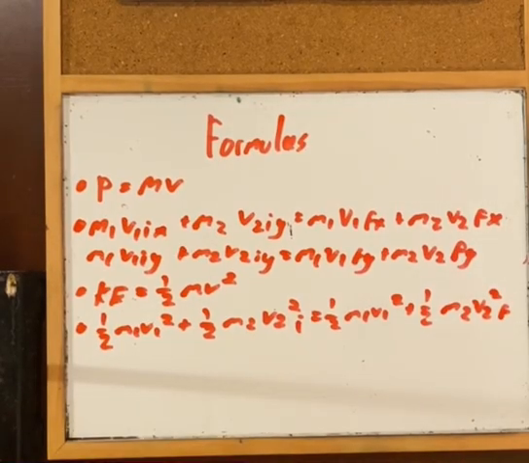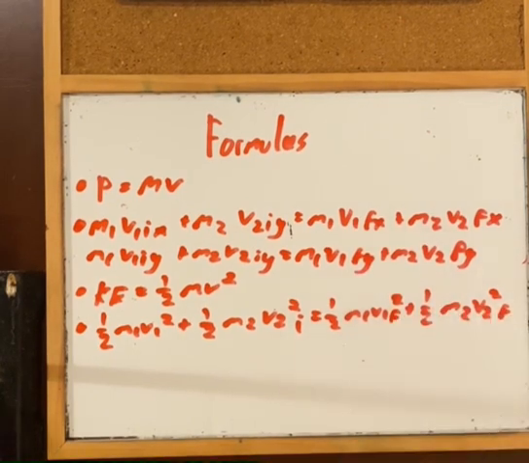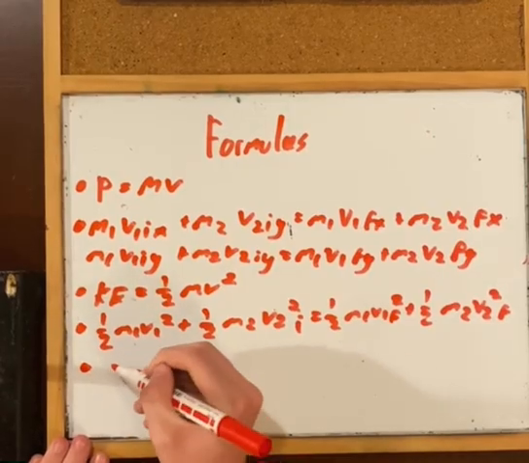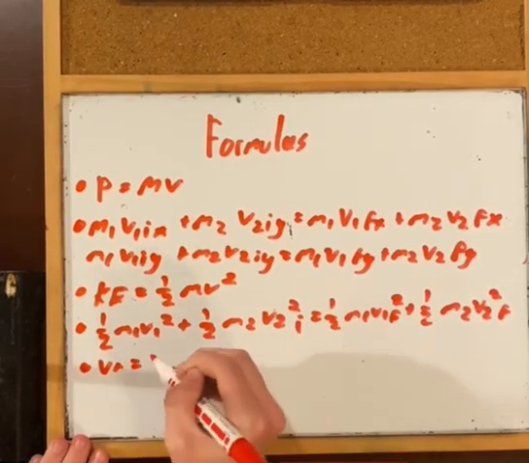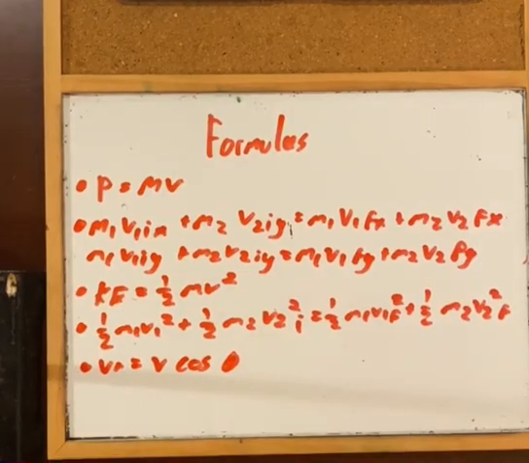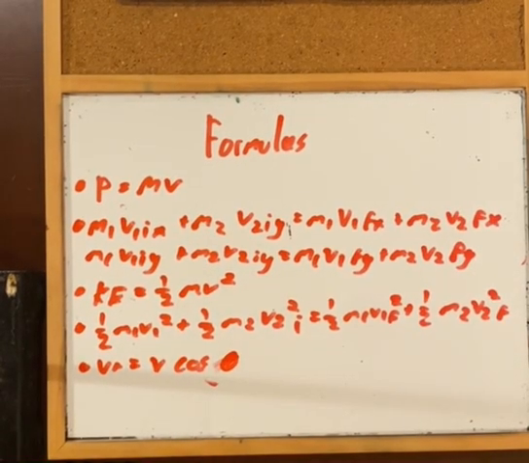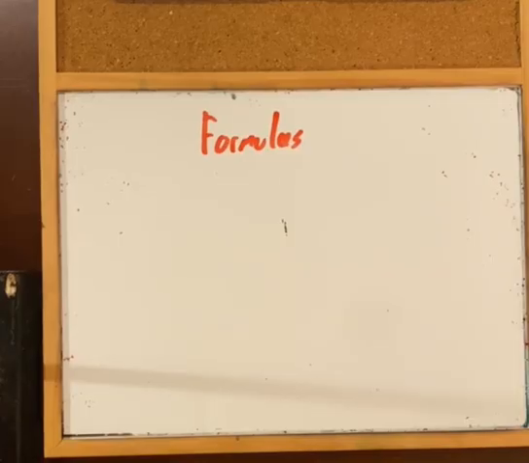I'm pretty sure I'm missing an f right here. Okay. Next formula is Vx equals V cos the angle. I'm gonna continue my formulas.